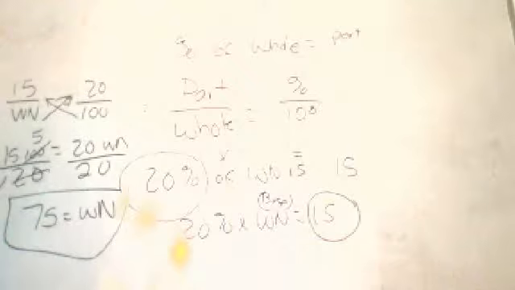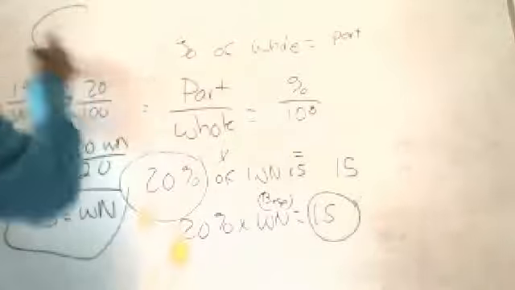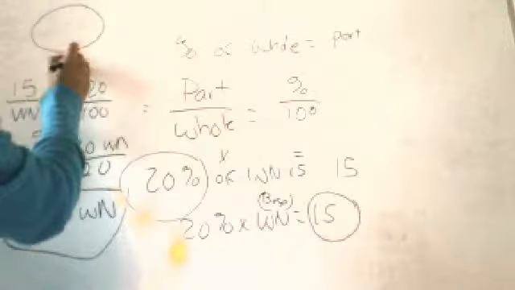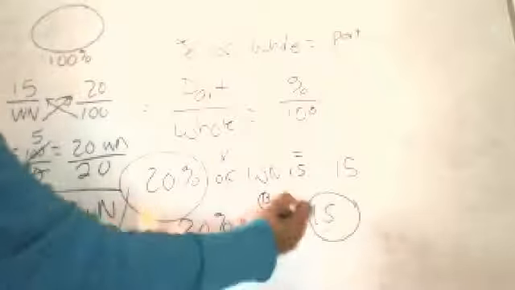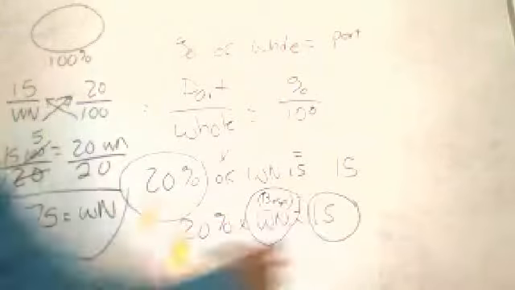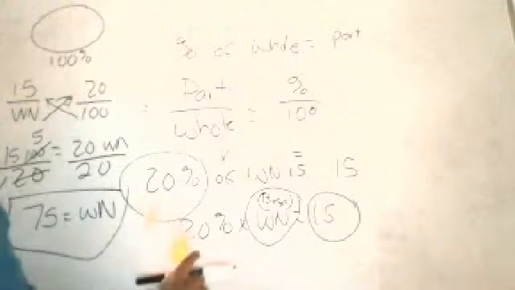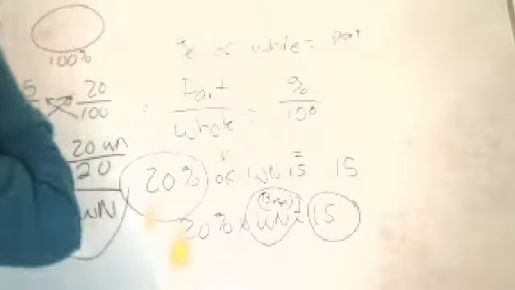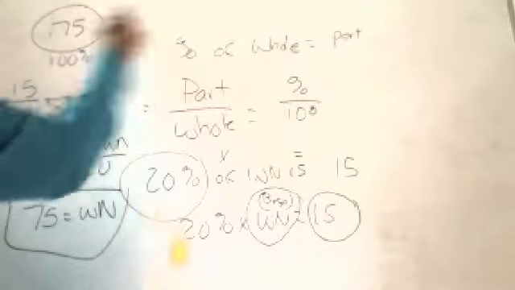Okay. So now they want us to draw a diagram. Well, before we started with 100%, and what was my whole, my base that I started with? It's always this number right here. This is the part or the percentage or the fraction or the decimal part, okay, of this number. So we said this number, our base, is 75.